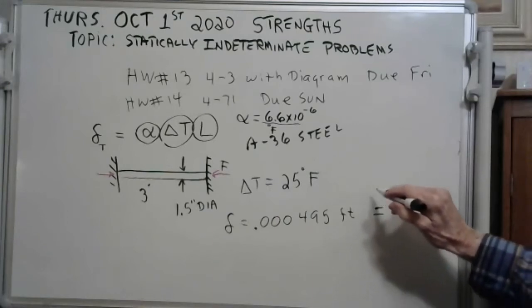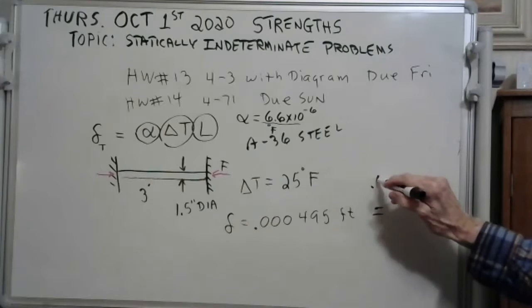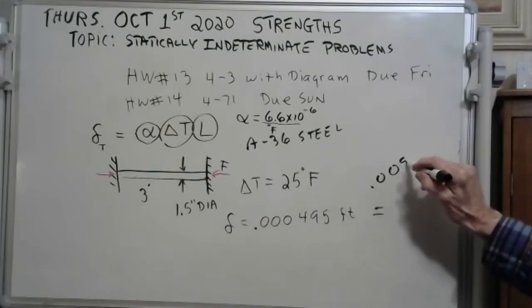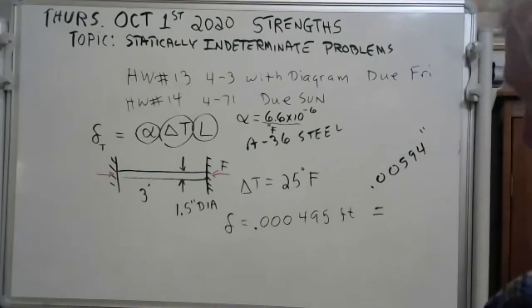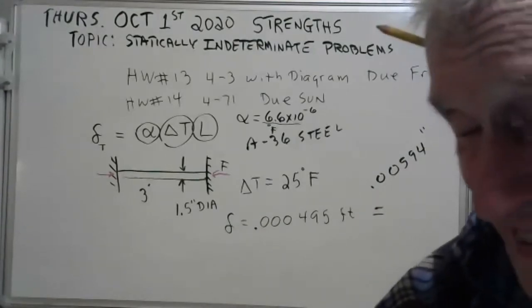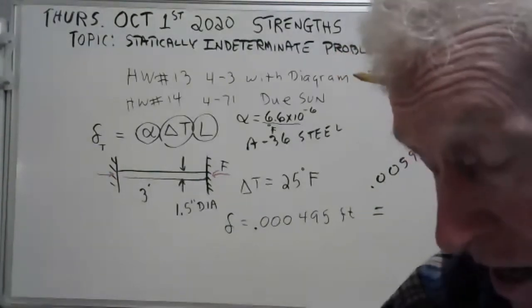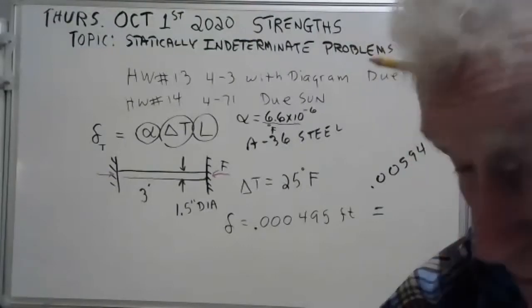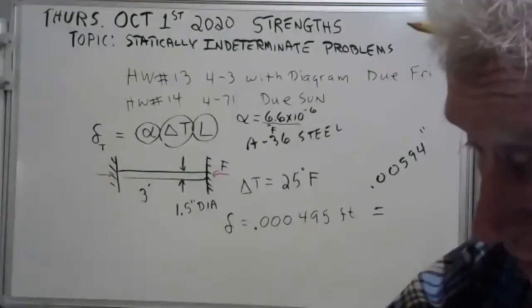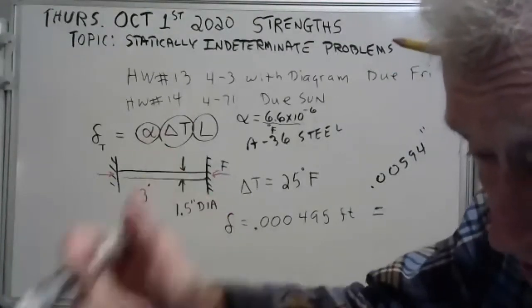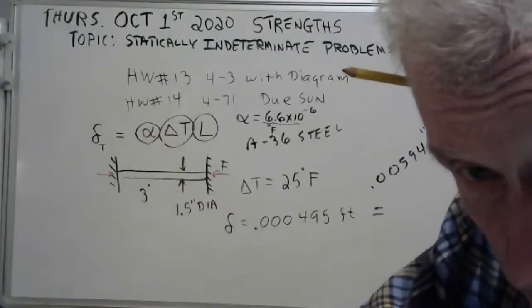In inches, it's 0.00594 inches. You know what it is? It's close to 6,000ths of an inch. Well, you can measure that. They have micrometers that will measure 6,000ths of an inch.